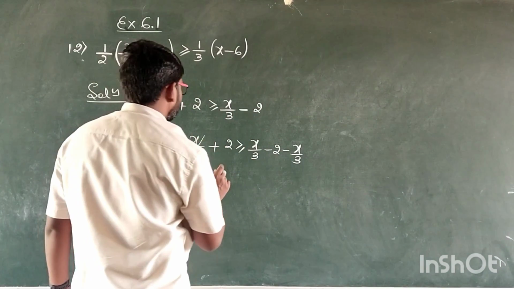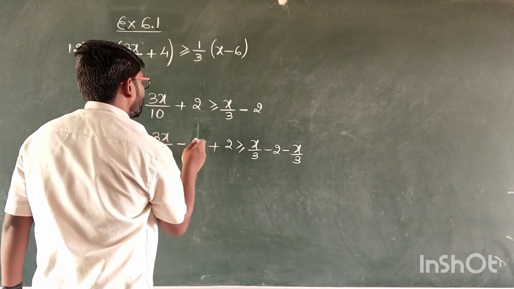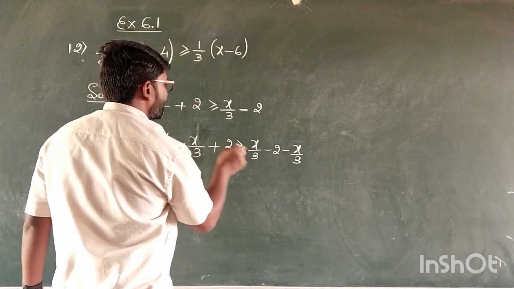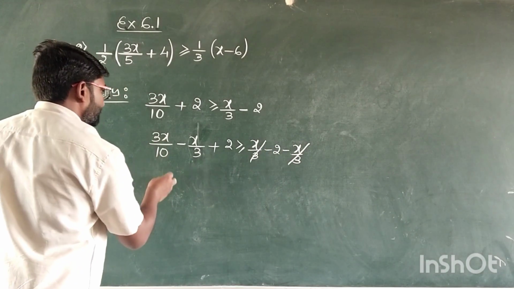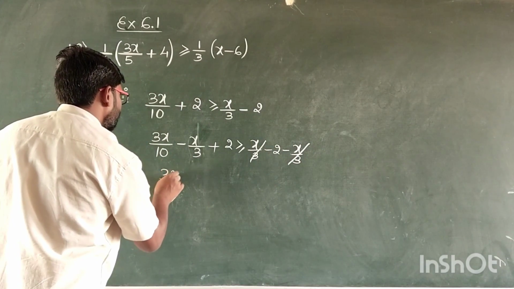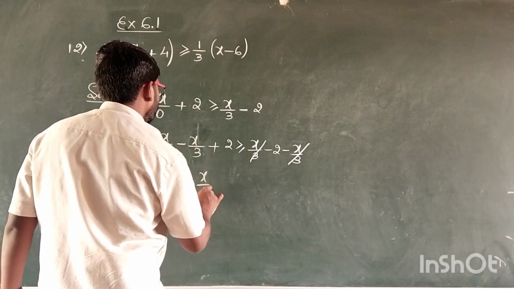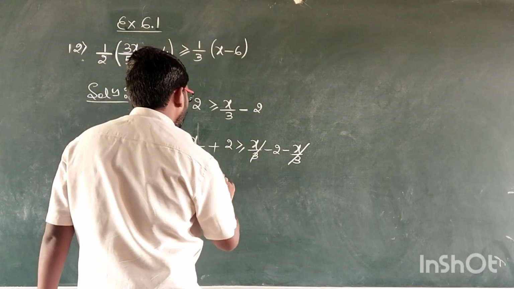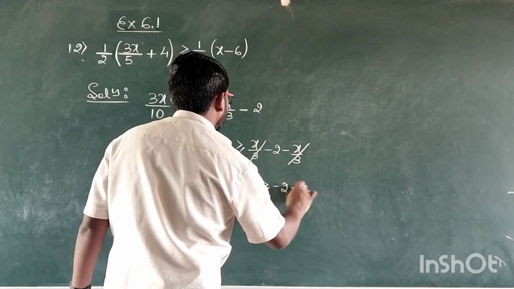So, these two get cancelled. Write the remaining terms, 3x by 10 minus x by 3 plus 2 greater than or equal to minus 2 minus 2.